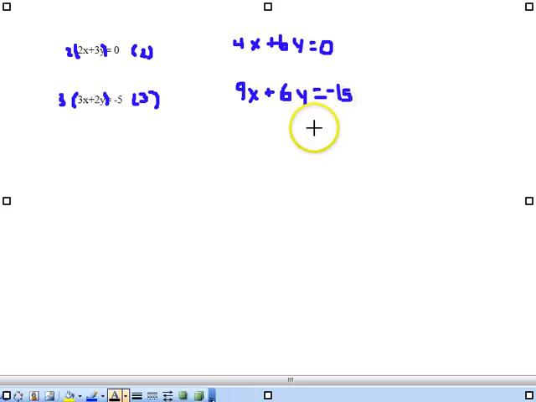Okay? Now, you are going to be able to eliminate the y variables, because you have a 6y and a 6y. And when you subtract, we probably should have them reversed, so this one should be on top of the other one.